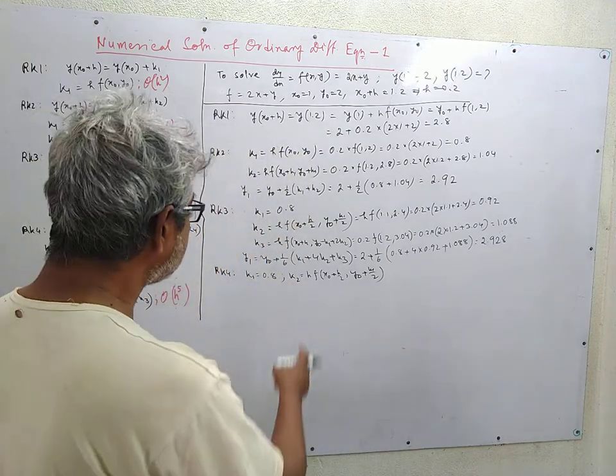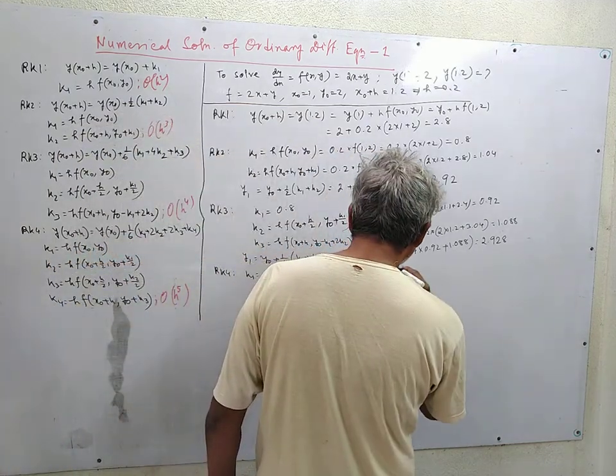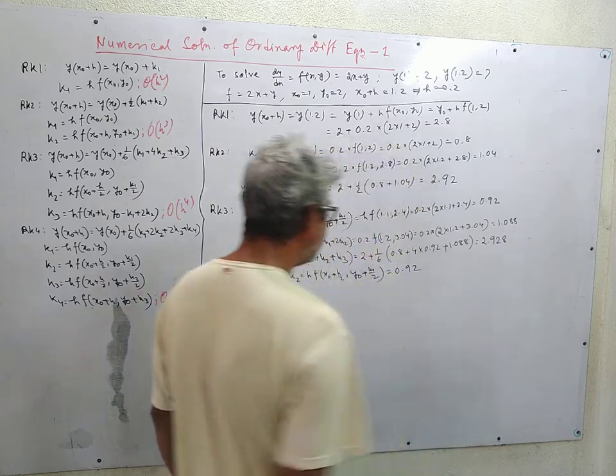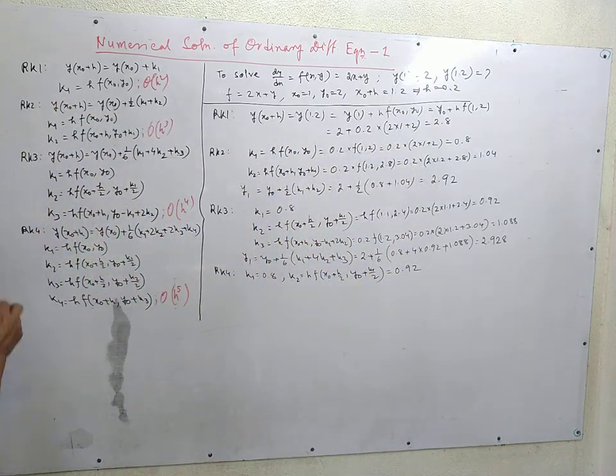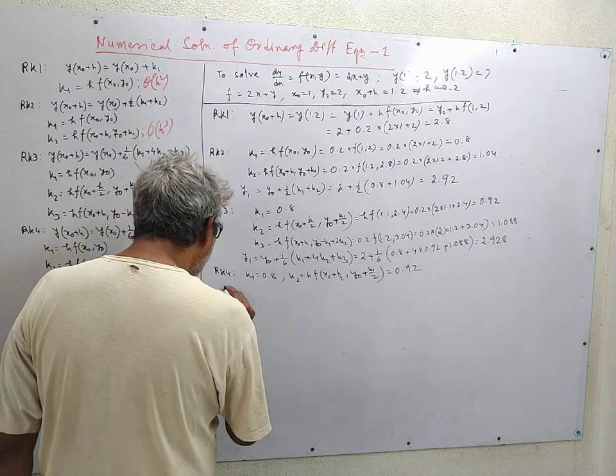This is the same as the K2 of RK3 method, so it is equal to 0.92. You see that the K2 of RK3 and RK4 are the same, so we need not calculate K2 or K1 separately.